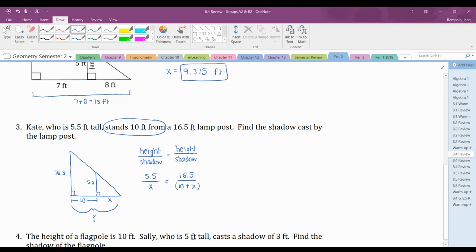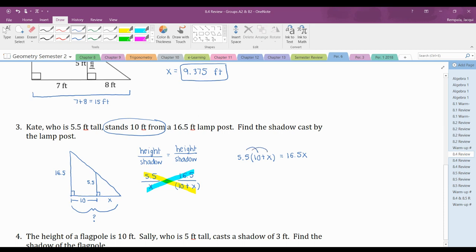I'm going to put it in parentheses, but now I'm going to do my cross multiplication. So that 5.5 has to get multiplied by everything that's in the parentheses, and the 16.5 is going to get multiplied by X. So we're going to have 5.5 getting multiplied by both 10 plus X, and that's going to equal 16.5 getting multiplied by X. I'm going to distribute that 5.5.